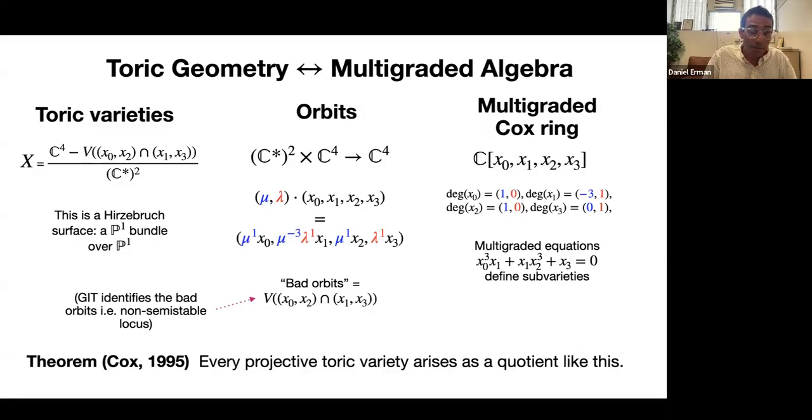And so there's a theorem of David Cox that every projective toric variety arises as a quotient in this way. So the kind of picture for projective space, where you took an affine space, you removed a bad locus, and you quotiented by a group action, that you can get every projective toric variety in a similar way.